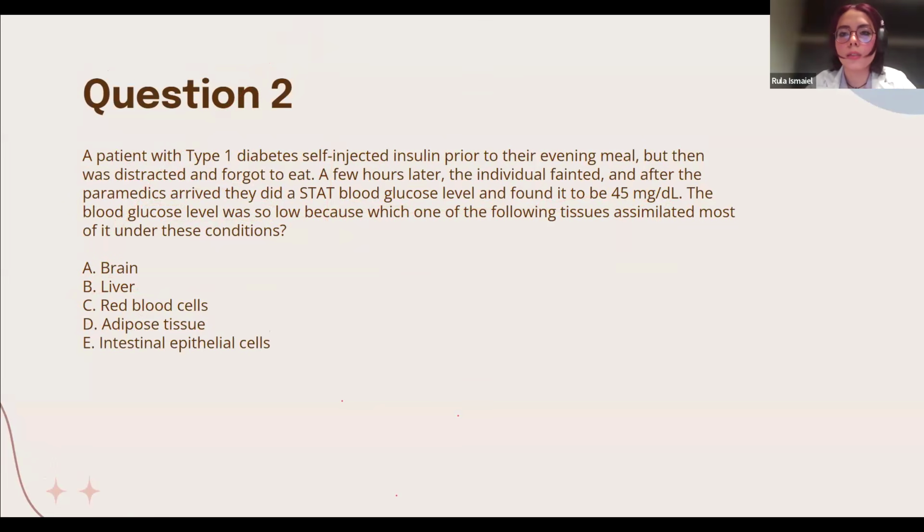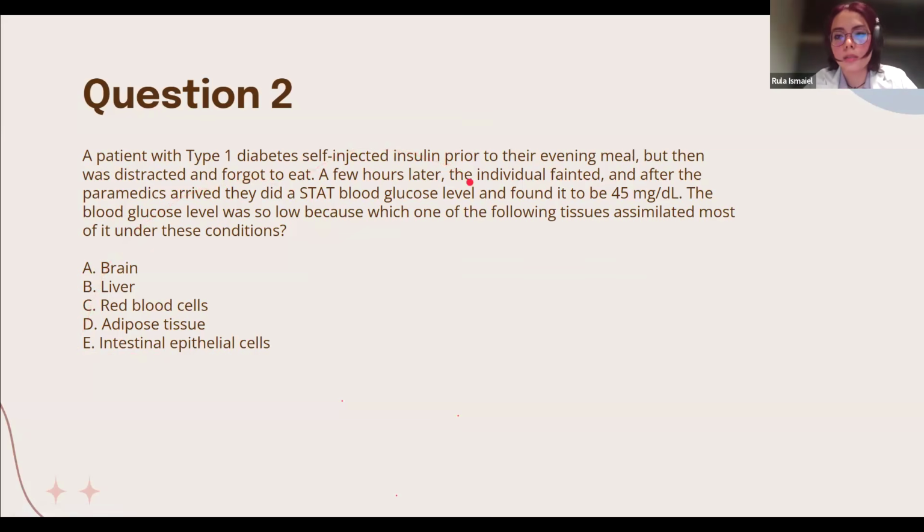Insulin dependent. Which GLUT transporter was insulin dependent? And from that GLUT transporter, where is it found? Okay, no one's answering me. Point is, GLUT4 is insulin dependent.